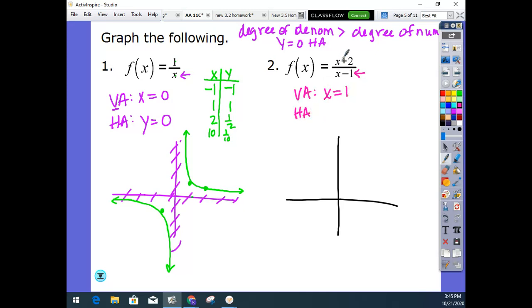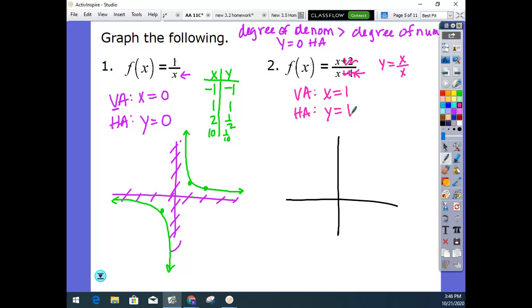Now, if I plug in 1,000,000 plus 2, this 2 really doesn't matter when I'm talking about really, really big numbers or really, really little numbers. Neither does this -1. So we're left with f of x, which is really just y, equals x over x. We call this our end behavior pattern or our horizontal asymptote.